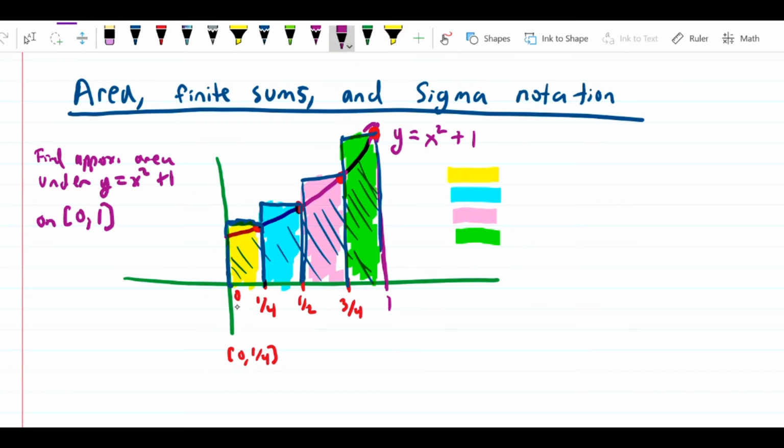Each rectangle has a width of 1/4, because we took an interval of length 1 and divided it into fourths, and its height is what we get when we plug one of these endpoints of the subintervals into x squared plus 1. So the yellow rectangle is going to have an area of 1/4.